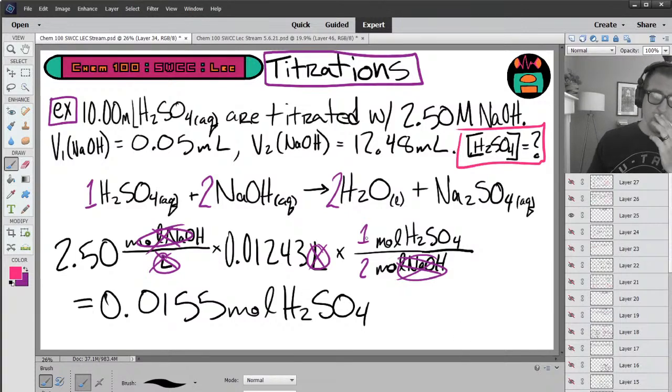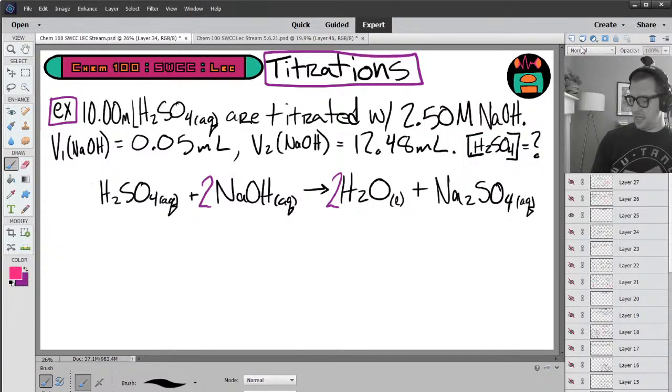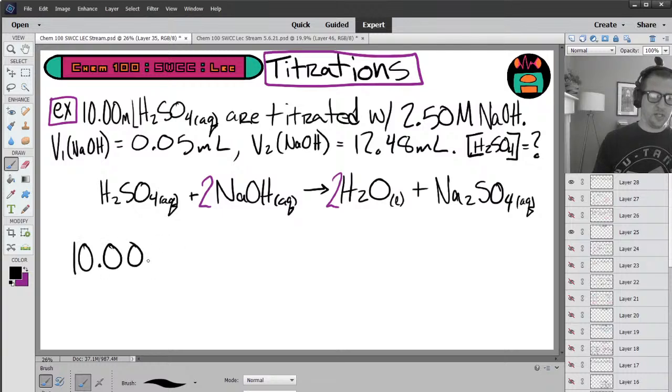So first, we need to take our volume of sulfuric acid and convert it to liters. So we have 10.00 milliliters of sulfuric acid.